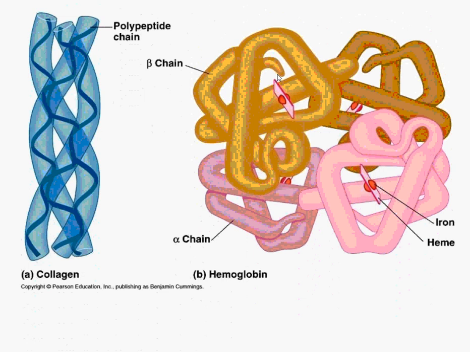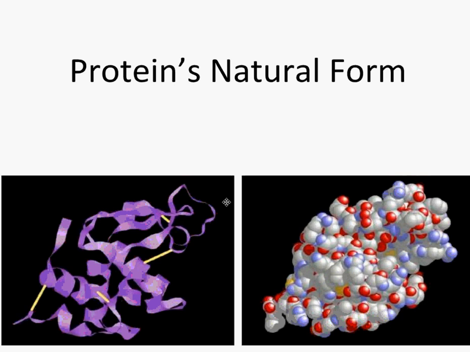Hemoglobin's function is to carry oxygen. It does this with this embedded iron atom here. Each little section of hemoglobin has an embedded iron atom. And notice there are 4 subunits of that quaternary protein. So here you have multiple tertiary structures forming that single unit.